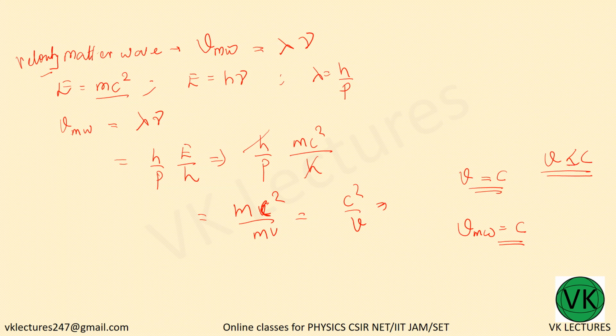The maximum velocity it can have is c. So if v is always less than c, this particular value c square divided by v is always greater than c. This is the reason why this matter wave has no physical significance.